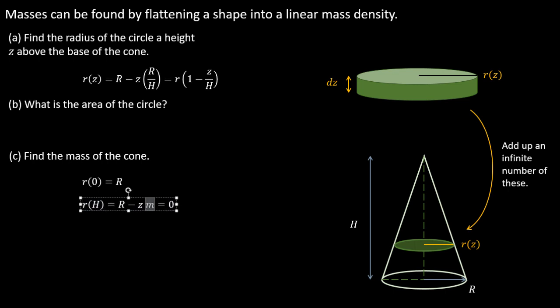So we want to find this m, right, at z equals h. So we can change this z here to an h, right? So now we have R minus h times m is equal to 0. So then m is going to be equal to R over h with our basic sort of math, right?